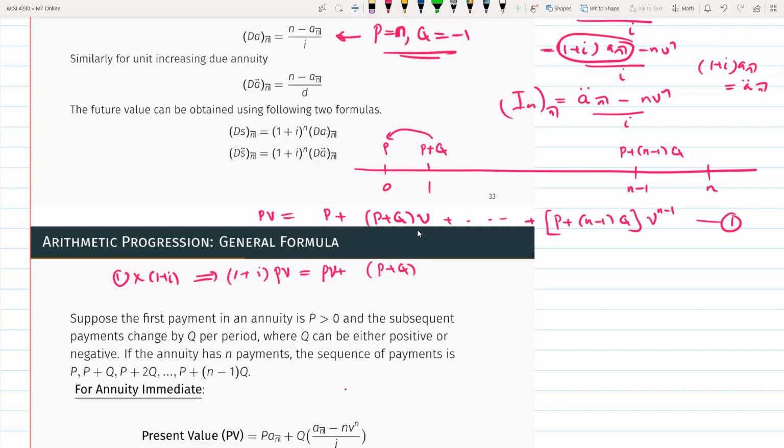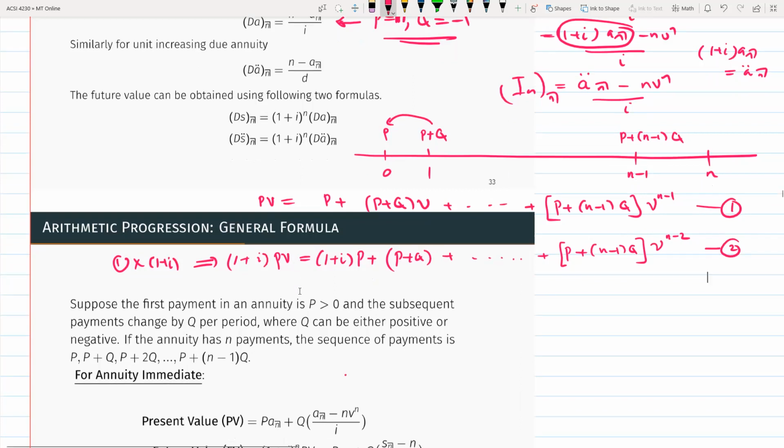Oh no, 1 plus i times equation 1. I'm not going to do it, but see whether, using these two equations, you can get the formula given here.